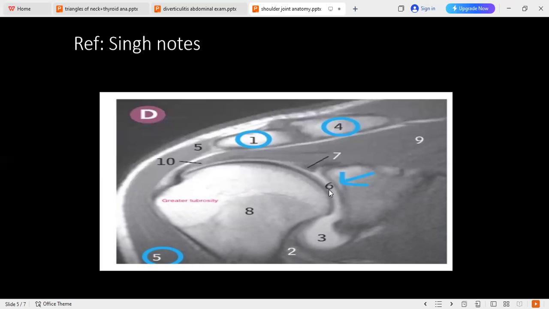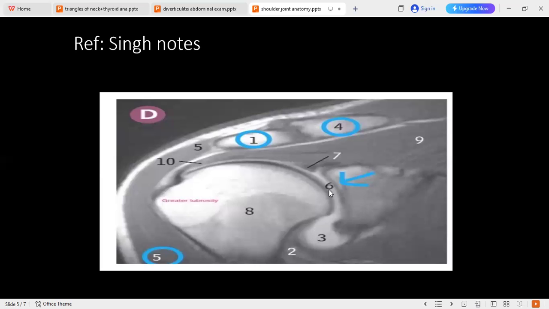Root value? C5, 6, and 7 I think, not the radial nerve. C5, 6.